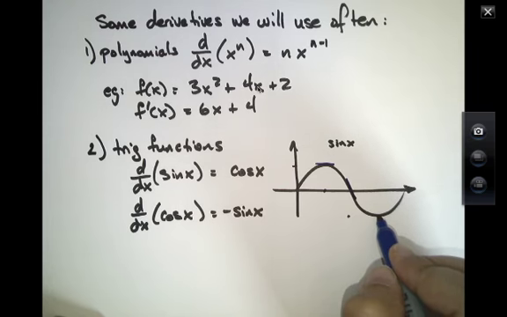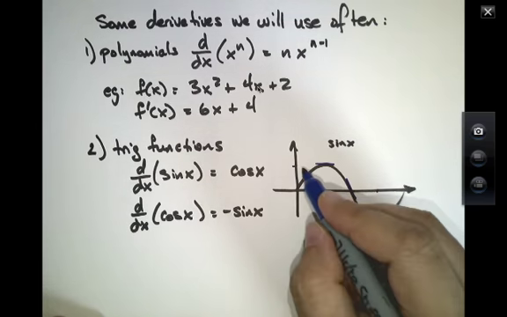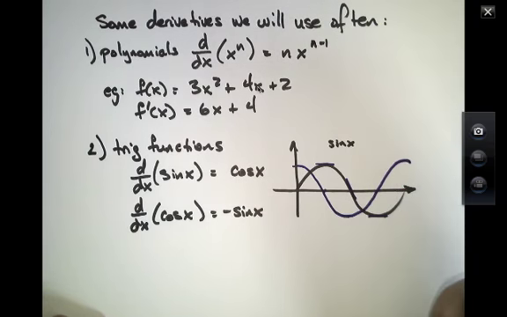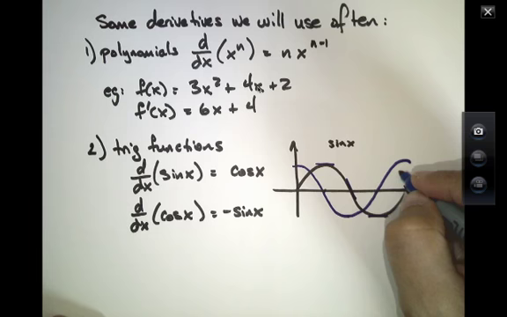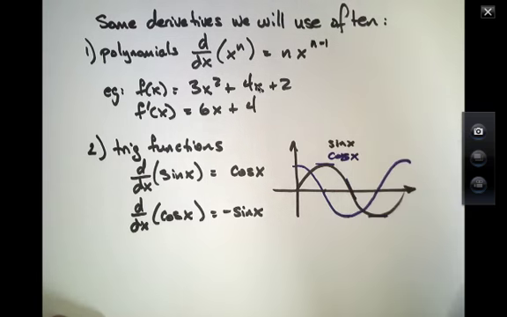And then right here, the derivative should be 0 again because the tangent line is flat. So piecing this together, this looks more like cosine of x. And you can get a sense of why it would be that the derivative of the sine would be the cosine.